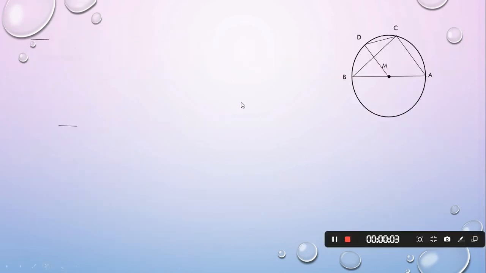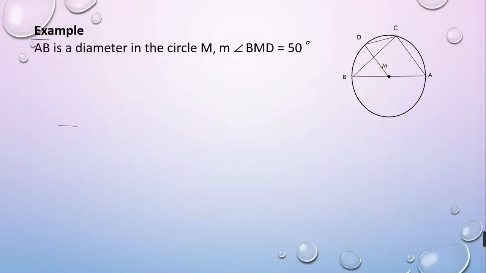Okay, let's go to the example in page 100. AB is a diameter in the circle M. Measure of the angle BMD is 50 degrees. Find with proof the measure of the angle ACD.